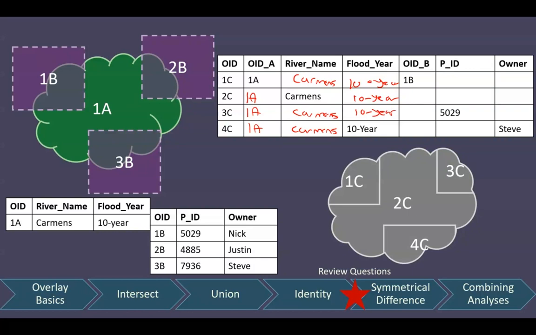This was a pretty easy example. But B is a little more complicated, because with B, there are three options.